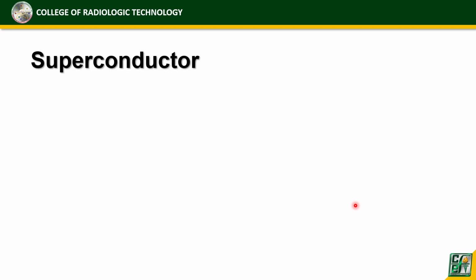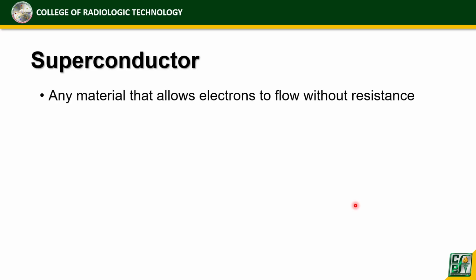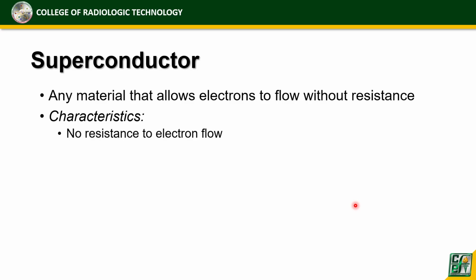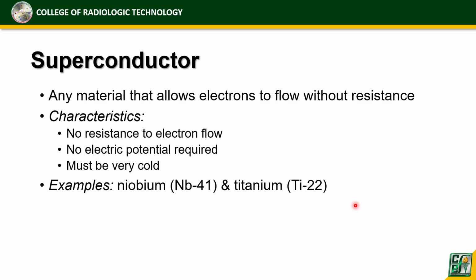Of course, superconductor, any materials that allows electrons to flow without resistance. Okay? So, kung yung insulator ay very high resistance, itong superconductor walang resistance to allow electron flow. Ibig sabihin, the electron flow ay mag-flow very easily.